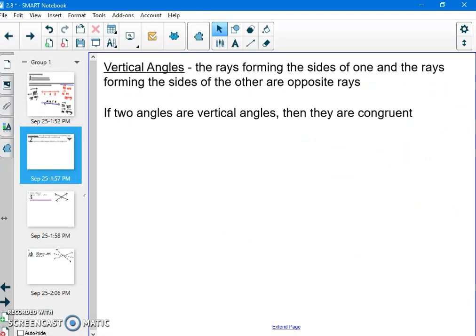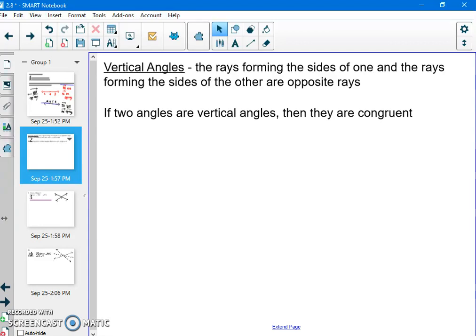Vertical angles. So vertical angles are angles where the rays forming the sides of one and the rays forming the sides of the other are opposite rays. If two angles are vertical angles, then they are congruent.